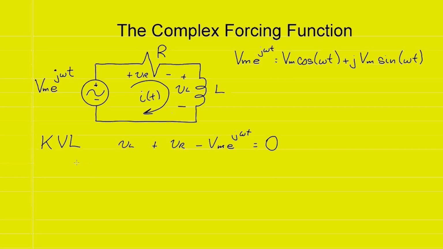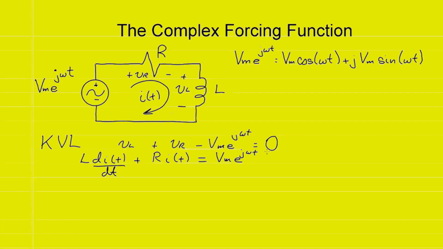We can substitute in the values for the voltage across the inductor and resistor: the inductor voltage is L times the derivative of our current as a function of time with respect to time, plus R times our current as a function of time, equal to Vm e to the j omega t.